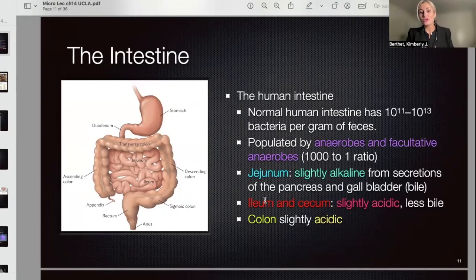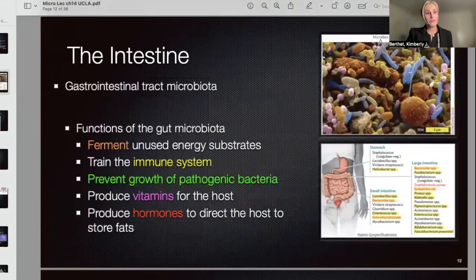For a good portion of the intestines and the gastrointestinal tract, it's mostly acidic. So again, we're killing bacteria, but slightly in the duodenum, we see a slightly alkaline environment. So that's one of the only differences that we see. So that microenvironment is going to promote the growth of specific bacteria that like living in a more basic alkaline environment. Okay.